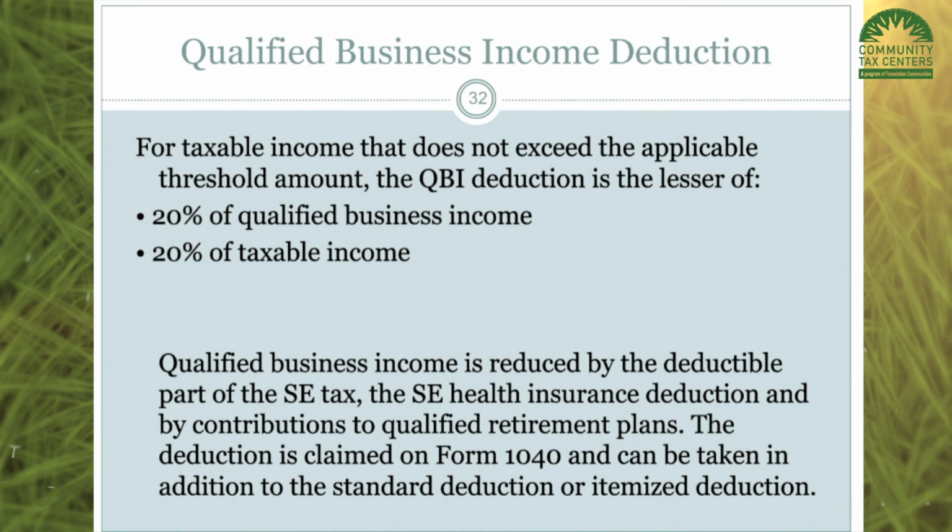The deduction is claimed on Form 1040 and can be taken in addition to the standard deduction or itemized. So you'll see this listed on the tax return. There's a line item that has qualified business income deduction. And again, it is the 20% on there. So for our self-employed sole proprietors.